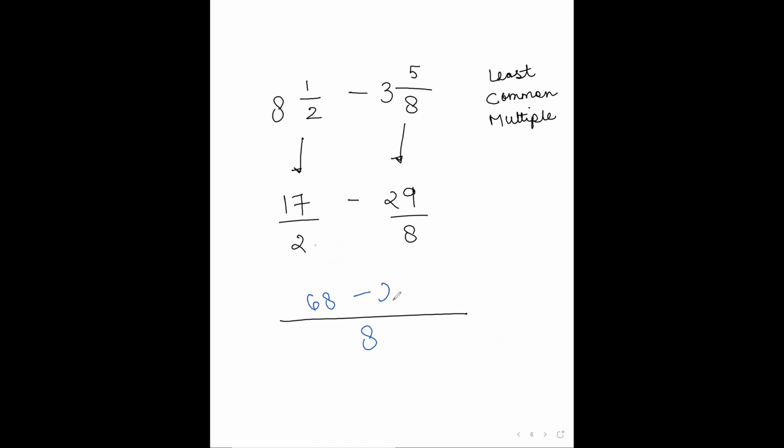It will be 68. Very good. Then it will be 29 multiplied by 1, so it will be 29 by 8. Very good. Then 68 minus 29 by 8. Very good.